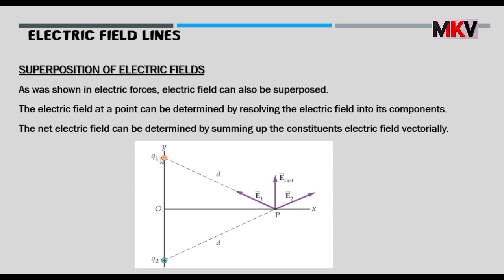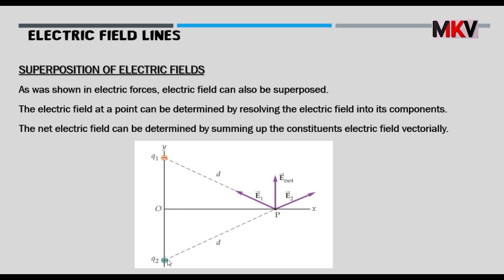If we take charge 1, which is negative, and point P here, you will note that the electric field line will be moving towards the charge. So this is how our electric field direction will be. And if we look at charge 2, which is positive, at point P, the electric field lines will be moving away from the charge.